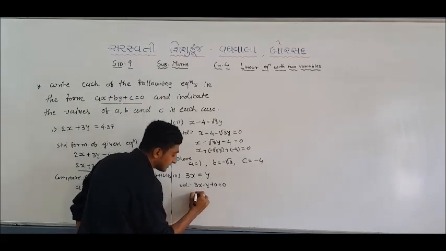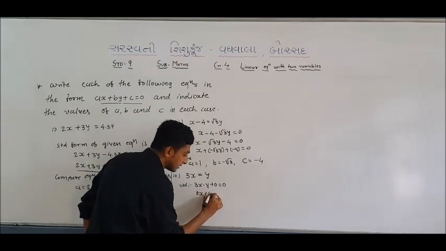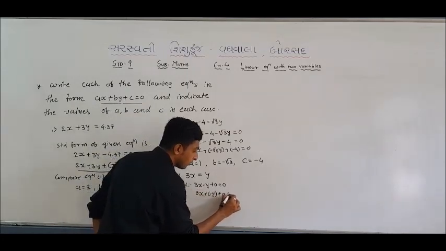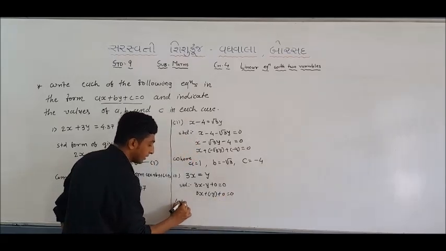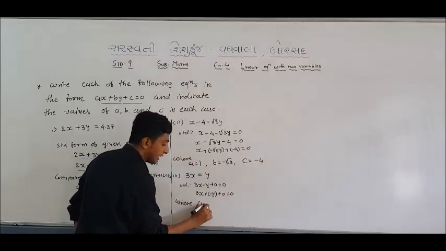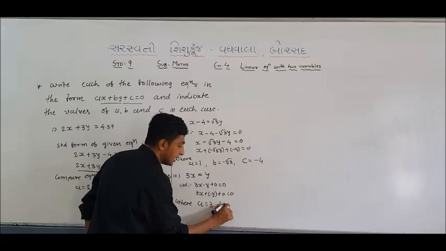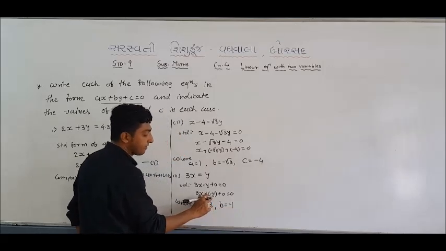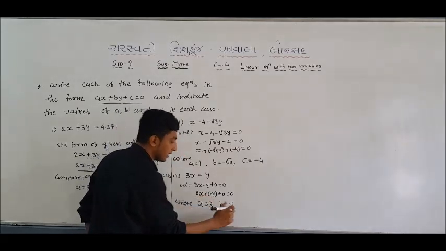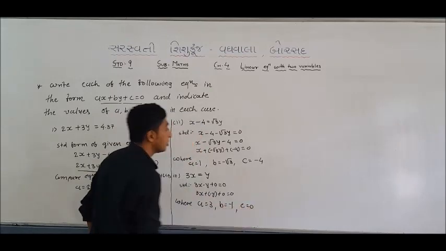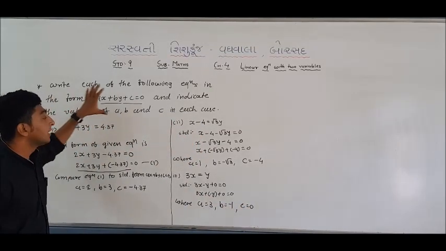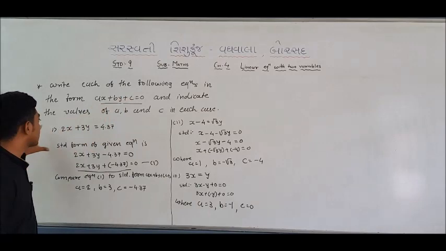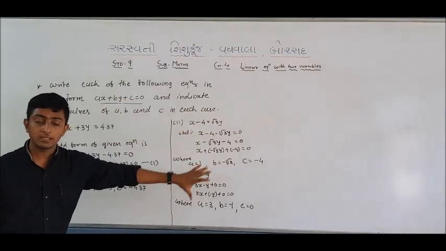So we can say that 3x plus minus y plus 0 equal to 0, where a equal to 3, b equal to minus 1 because the coefficient of y is minus 1, and c equal to 0. So this type of example is asked in the question. These examples are the 1 mark questions.